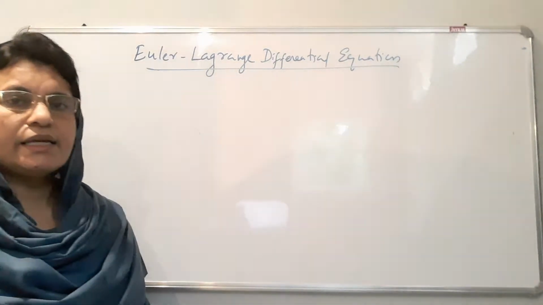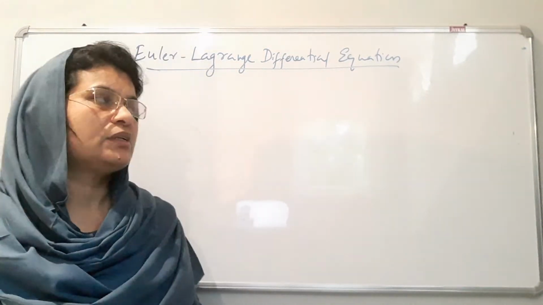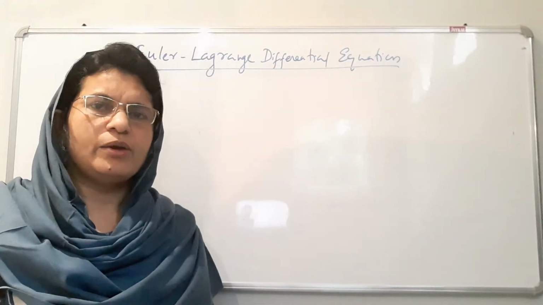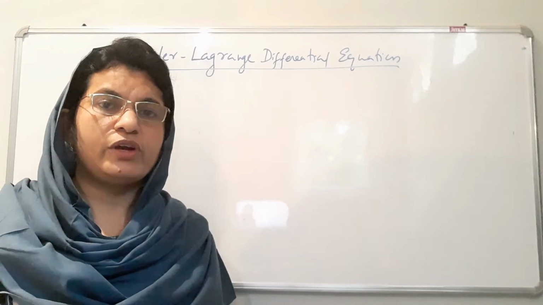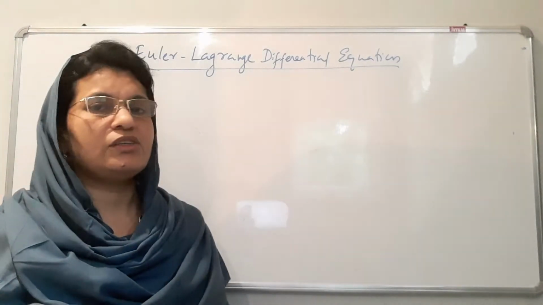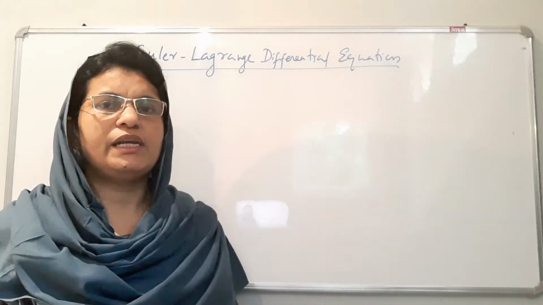Using the same technique, as we have done previously, in order to find the minimum path or extremum path, we have used an equation in which dou f by dou y minus d by dx of dou f by dou y dot is equal to 0. Using the same method, we can find the equation that is called Euler Lagrange's differential equation.